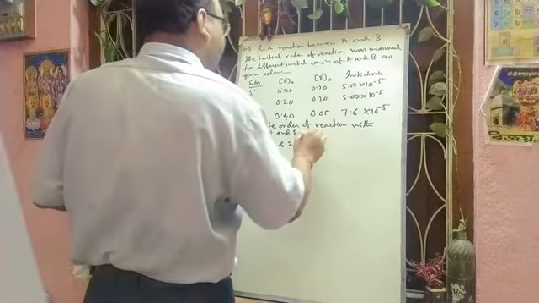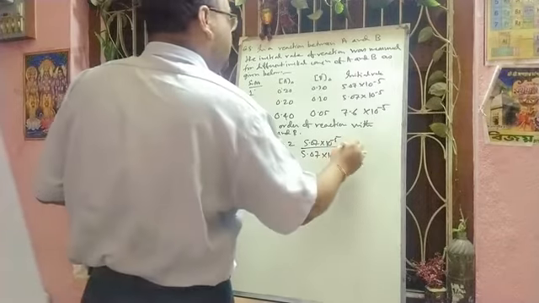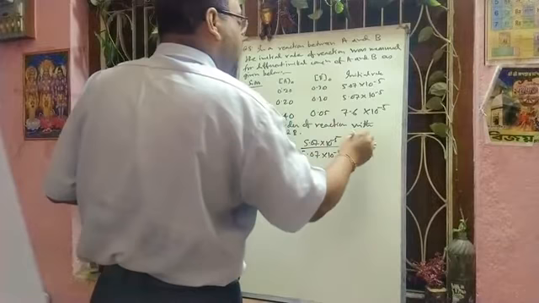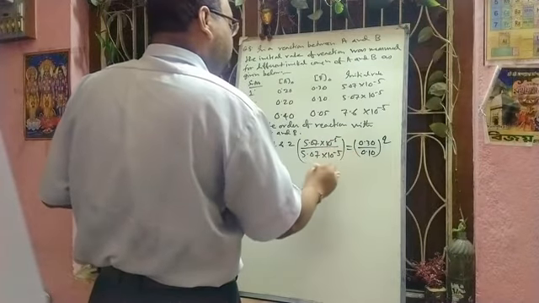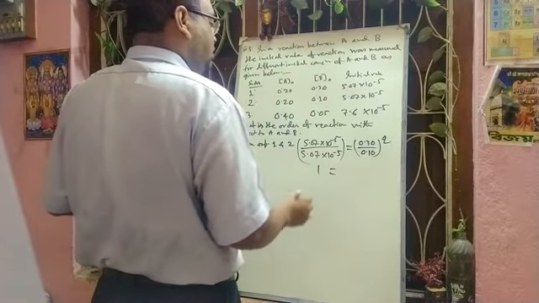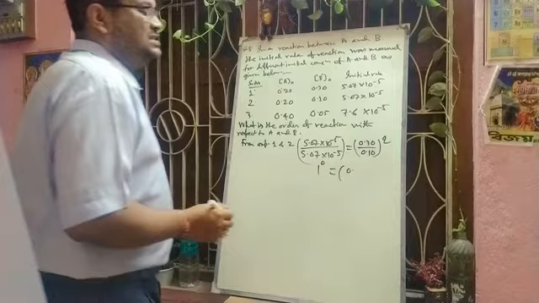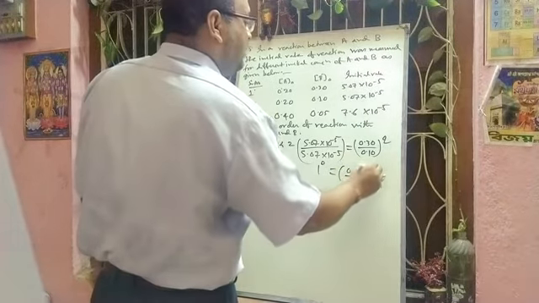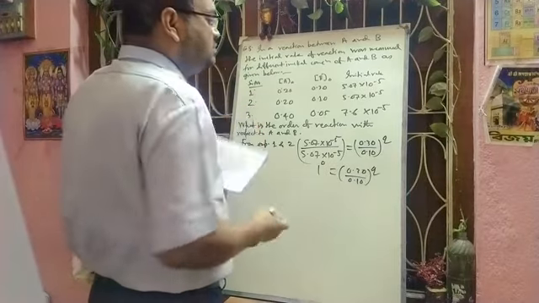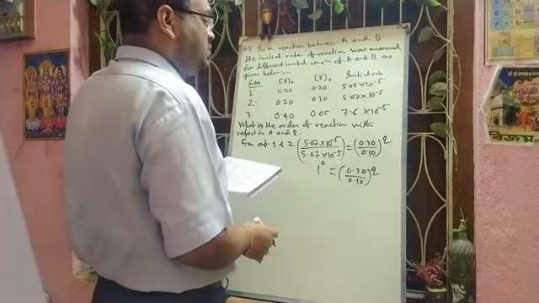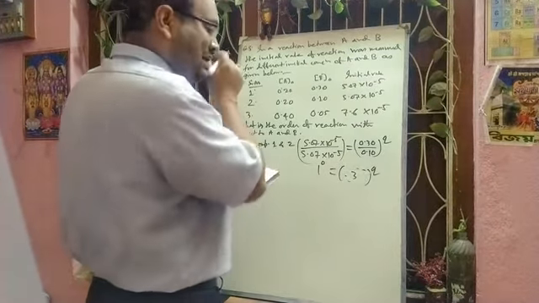So from 1 and 2 we are writing that 5.07 into 10 to the power minus 5 divided by 5.07 into 10 to the power minus 5 is equal to 0.30 divided by 0.10 to the power q, as we are calculating the order of B. So this will be nothing but 1, and 1 to the power anything is 1, so 3 to the power q is 1. So from here we can write that q is equal to 0.